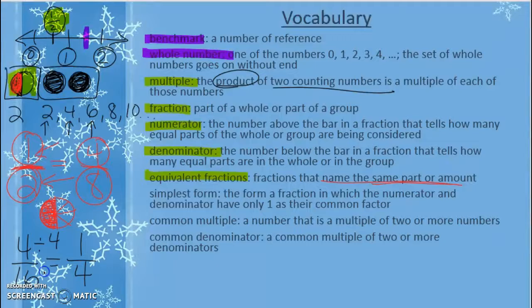I divided the numerator and denominator by the same number. 4 divided by 4 is 1, and 16 divided by 4 is 4. These 2 fractions are equal, but we're showing it in its simplest form. There's no way to simplify this or write it in lower numbers. A common multiple is a multiple that 2 numbers have in common.